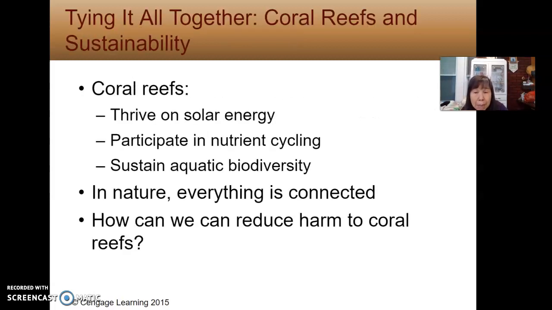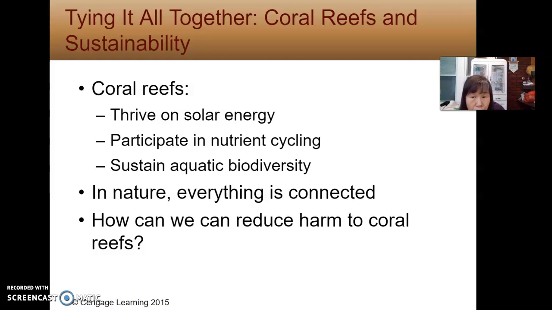And then if we tie all this together using coral reefs, okay, coral reefs thrive on solar energy, and then they participate in nutrient cycling, and then they are able to sustain aquatic biodiversity.